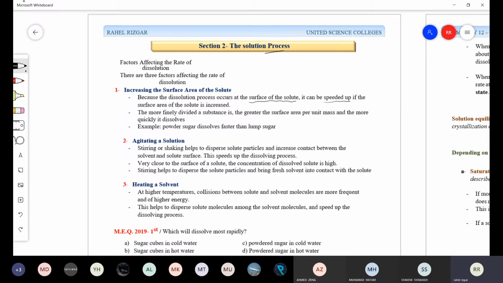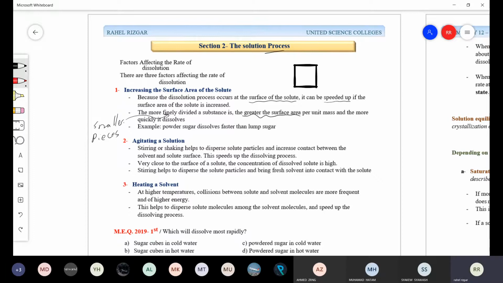A more finely divided substance has a greater surface area. More finely divided means smaller pieces. Let's see what these two notes mean. For example, this is a lump of sugar, a sugar cube.